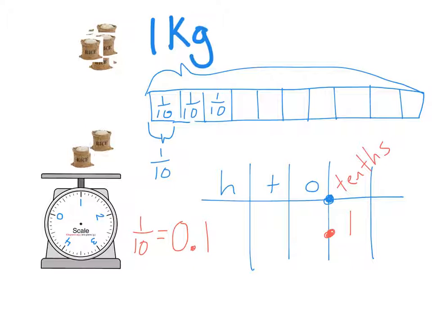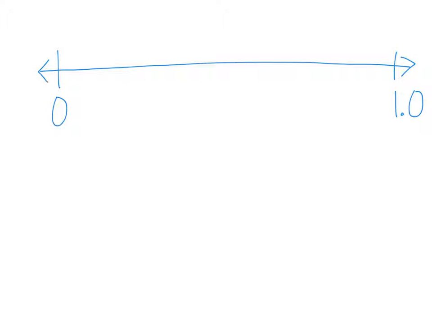If we had 2 sacks of rice on the scale, then instead of saying that this is 1/10, we would simply switch that to 2/10. That's what those 2 sacks of rice on the scale would be, 2/10. If we were to put this on a number line, here we have a number line starting with 0.